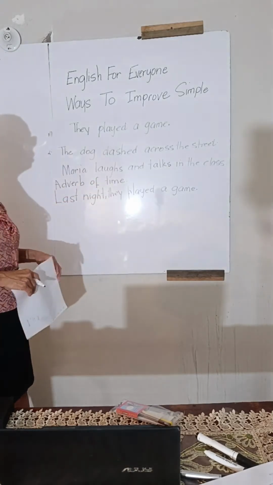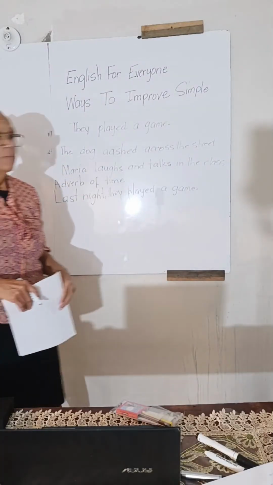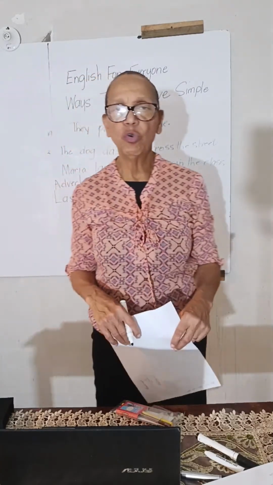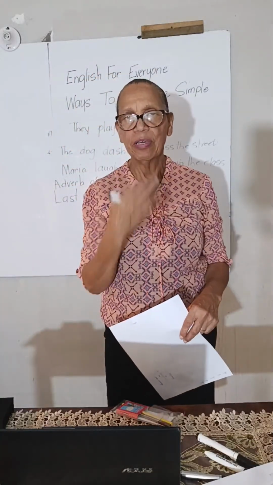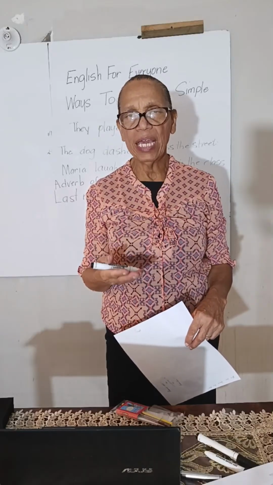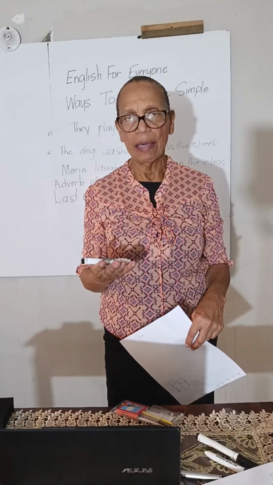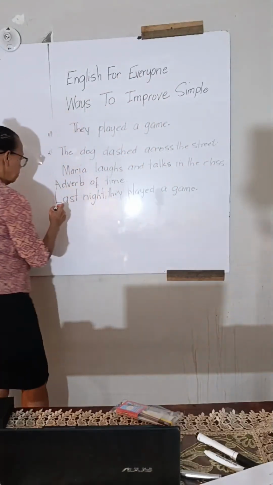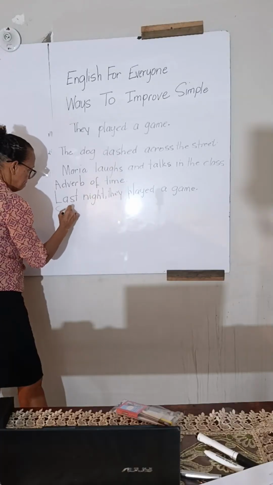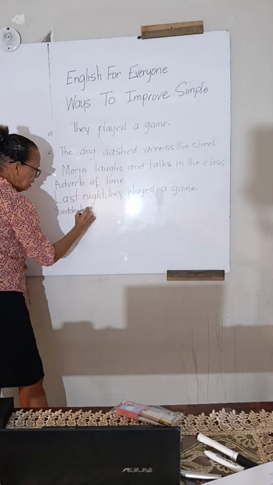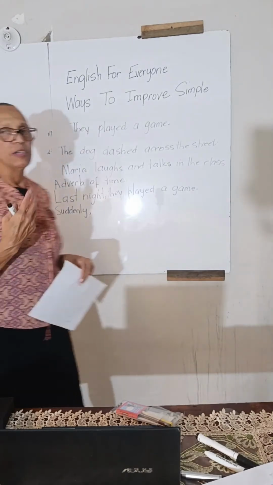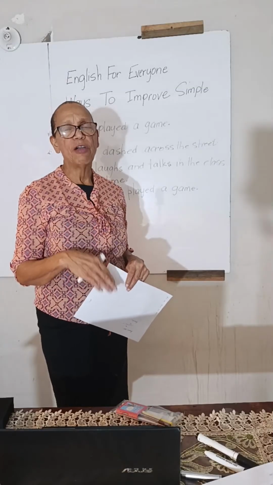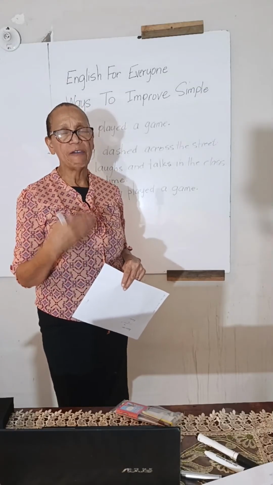What could we do for the dog? The dog dashed across the street. We could use an adverb of manner. Suddenly, quickly, those words that end with ly. Immediately, so we could say suddenly. And again, when you start doing sentences with adverb of time, adverb of manner, adverb of place, you put a comma after the phrase.